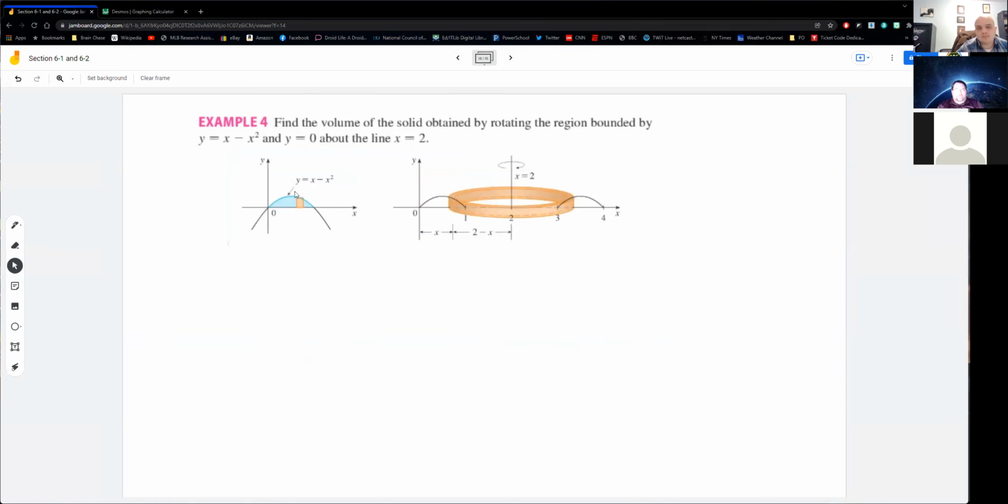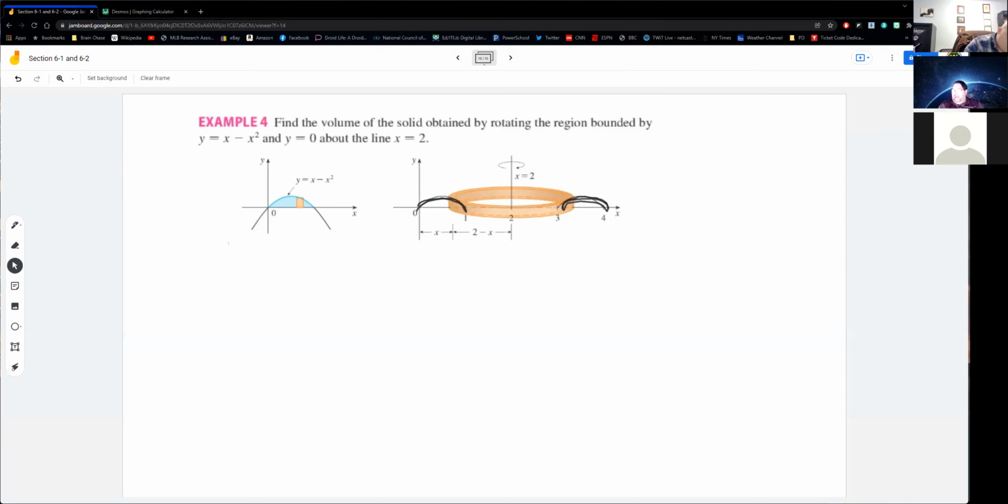So this is my shape, and we're rotating around x equals 2. So that you end up getting this little arc. This little arc right there, and that little arc right there. That's what actually ended up getting rotated around.